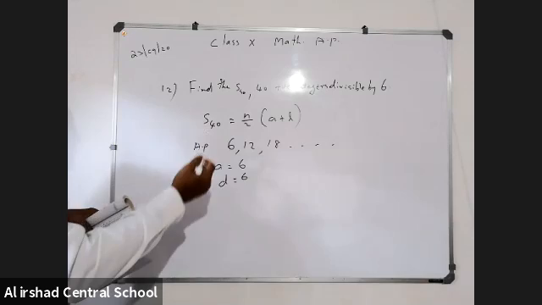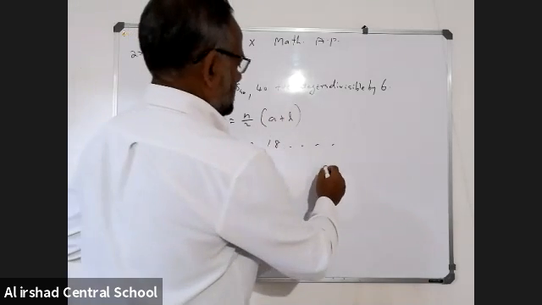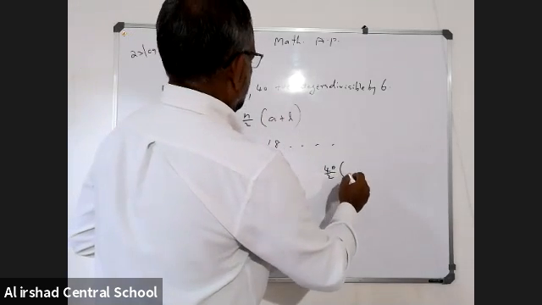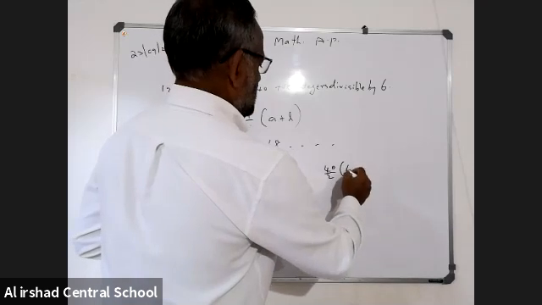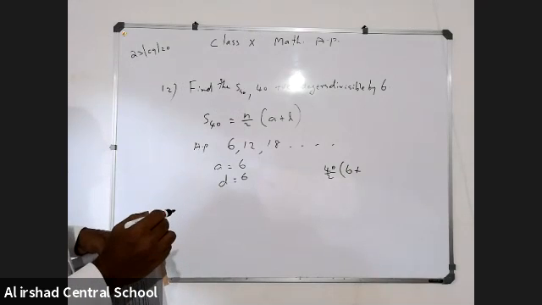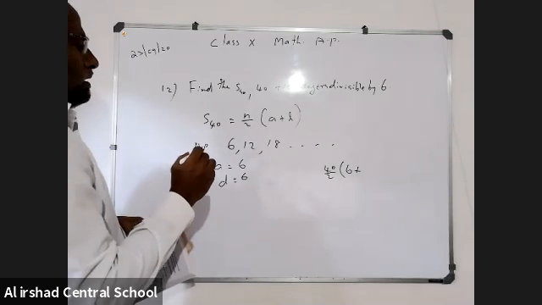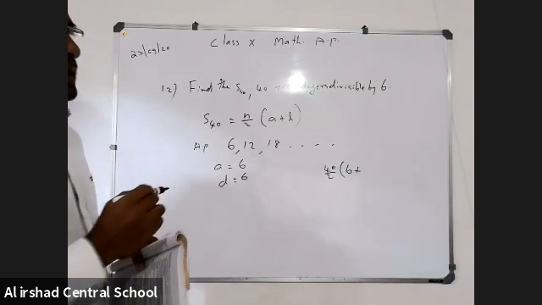Okay, let me check. And I'm putting this Sn. That means 40 by 2 into A, A is 6. And what is L? L is how much? A40, can you find out?